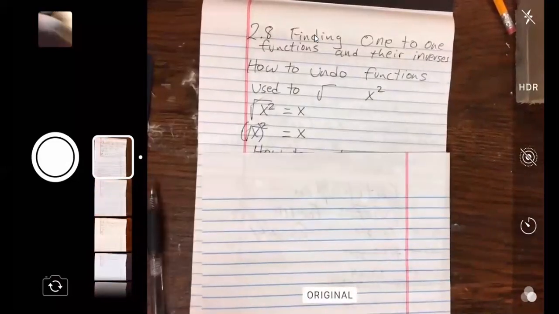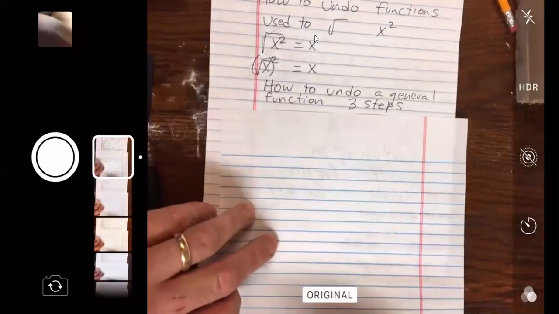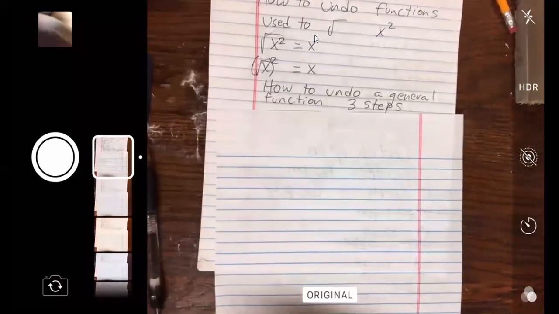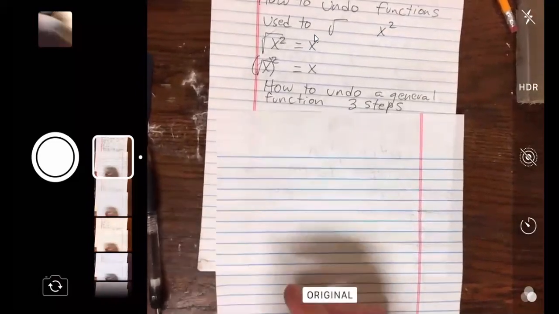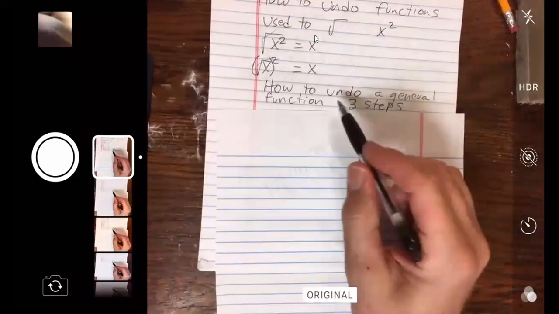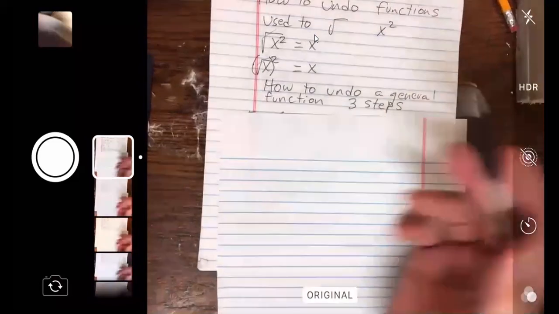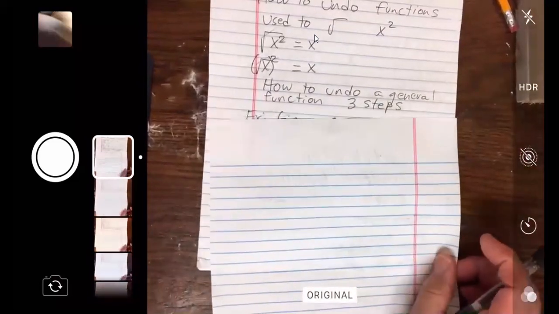All right, so I kind of teach this section backwards because there's a test for whether a function has an inverse. And to me, to understand what the test is, you have to understand how you undo a function, which basically finds an inverse. There are 3 steps to it.